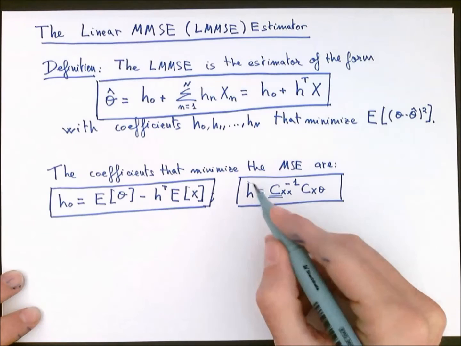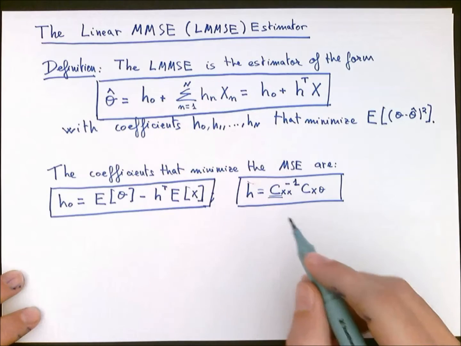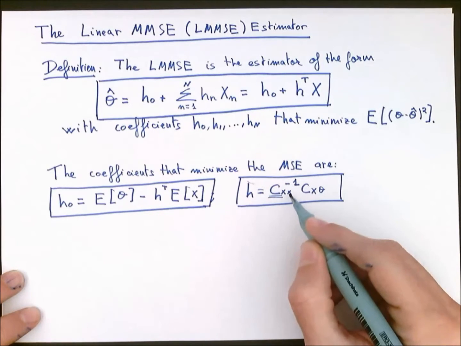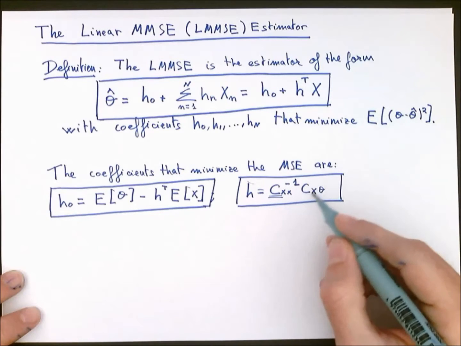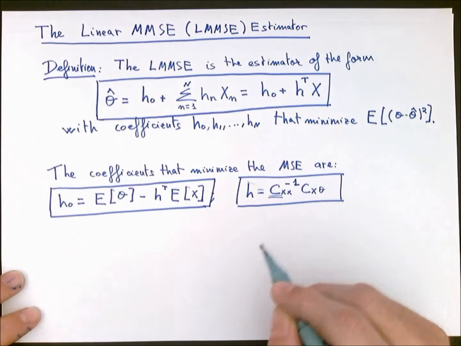On the other hand, the vector of coefficients h1 to hn is obtained by the inverse of the covariance matrix of the data, multiplied times the covariance vector between the data and the unknown variable theta.